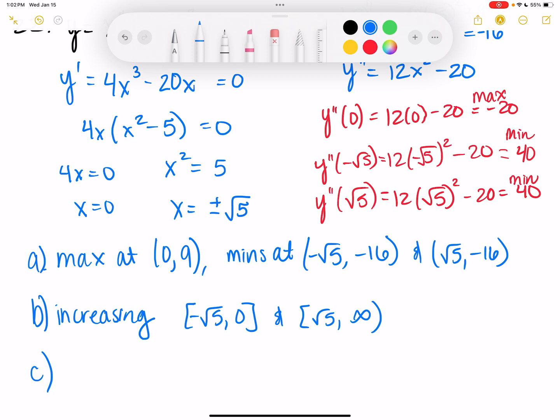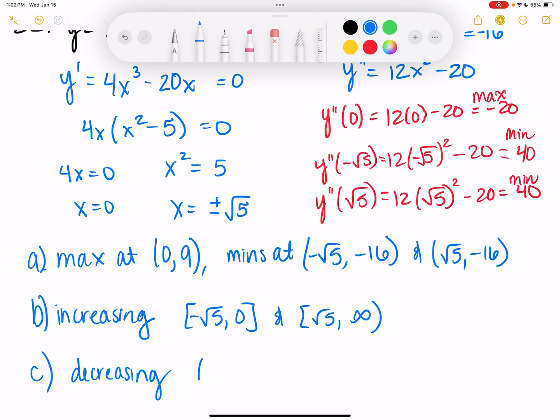Would 9 be one of them, or no? So that's a y value. So we're just looking for the x values. So your first min is here. So I have to go negative, going down to infinity prior to that. So negative infinity to negative root 5.